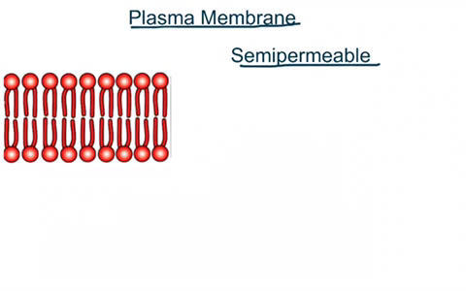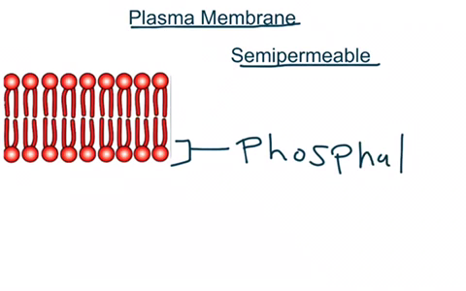And when you look at the structure of the plasma membrane, you could see that it is made out of these little funny shapes here. If you remember, these heads are made of phosphates. And since they're made of phosphates, they tend to like water, so they face towards where there is water.